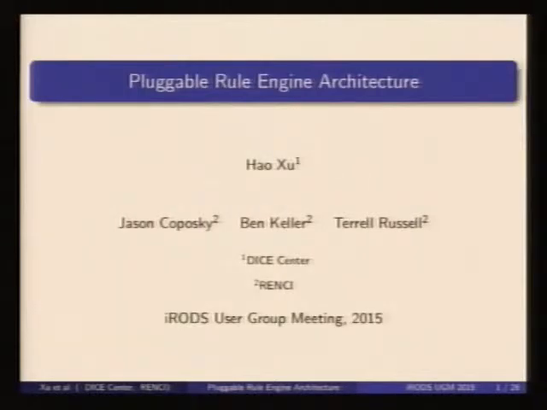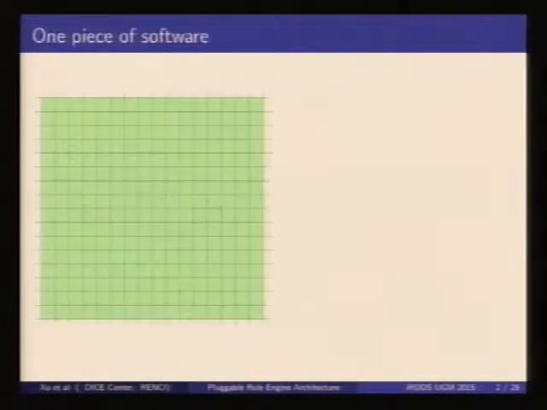So their work, Jason's pluggable architecture and dynamic PEP, and Ben also volunteered to be the first person other than me who writes a rule engine plugin. So they both contributed significantly to the topics that I'm going to cover today. So let me go to the introduction.